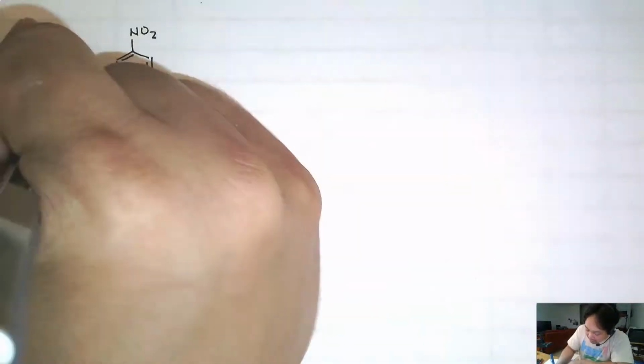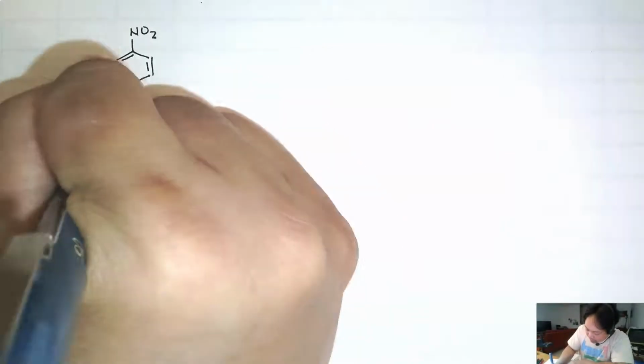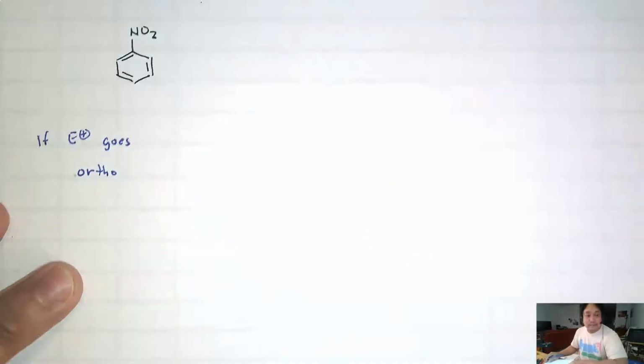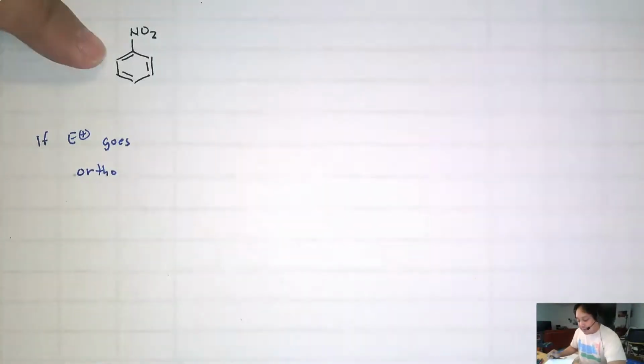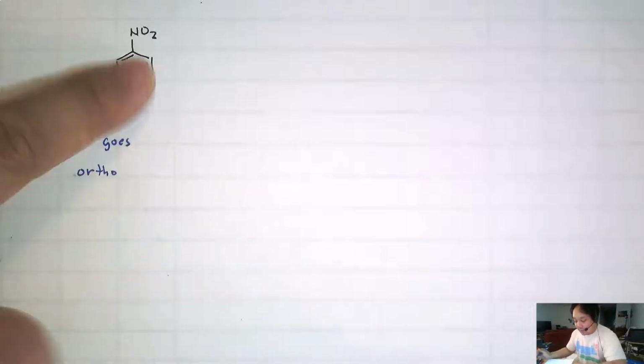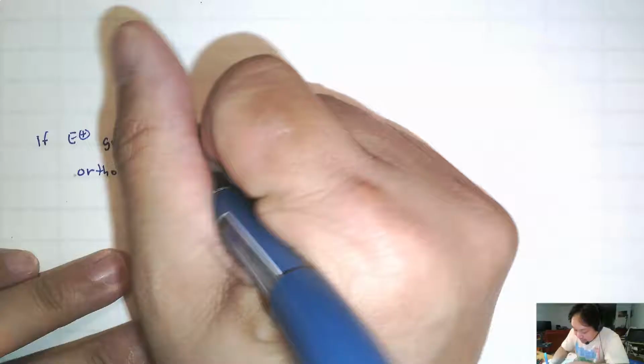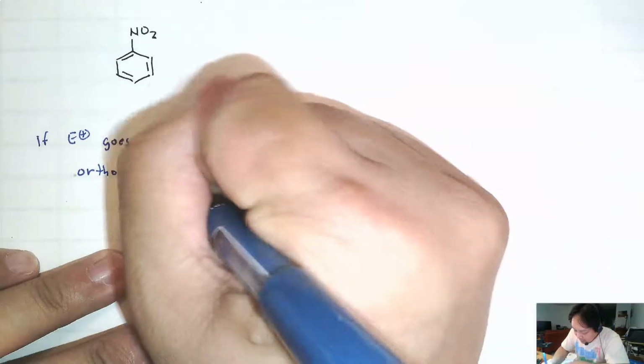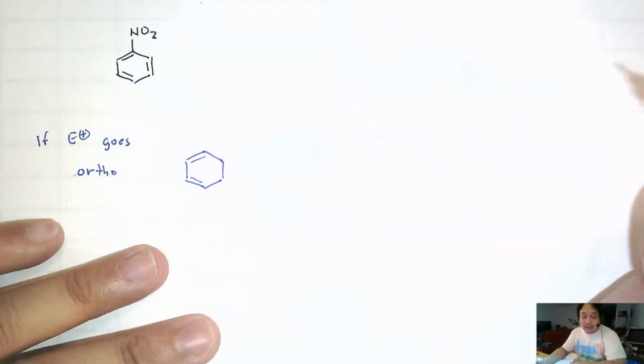But what if we had to prove it? Okay, so if E plus goes, let's say, ortho, that's either the ortho position on the left or the ortho position on the right. I'm going to go for the right, but it really doesn't matter. Okay, try to master the skill. What would the initial arenium ion look like?